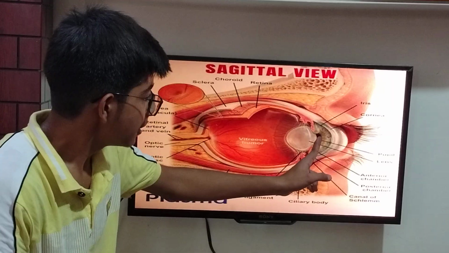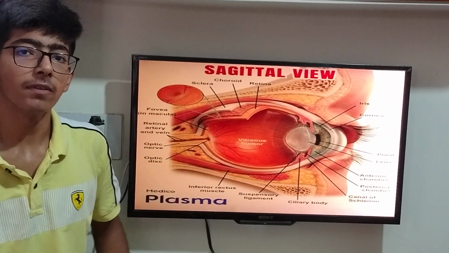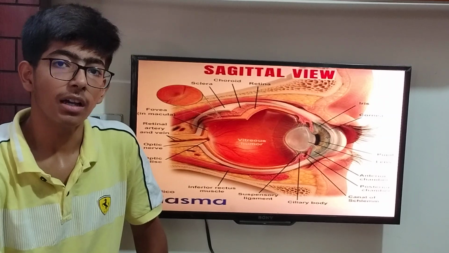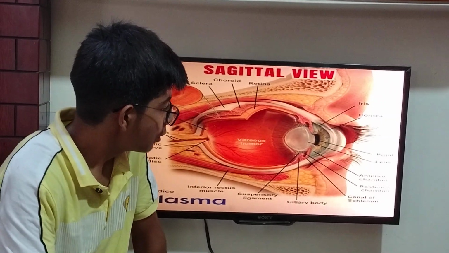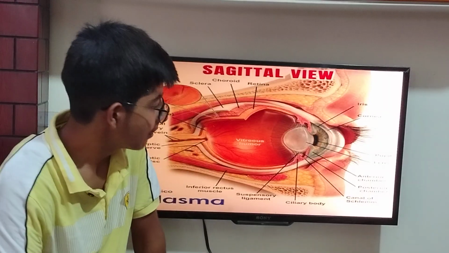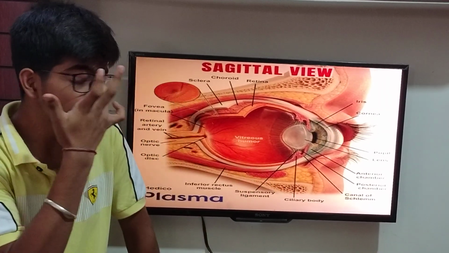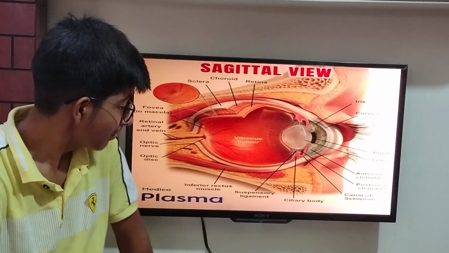Now the light enters and it comes to the lens. The lens is a converging lens, which is a convex lens. So it converges the light to the retina and we can see. Here is vitreous humor. It is a fluid which gives shape to the eyeball.